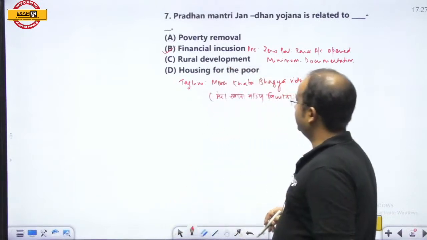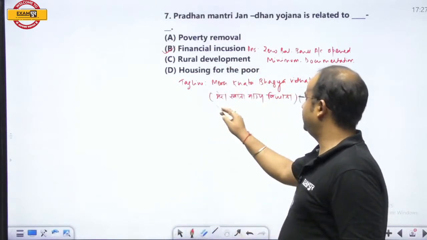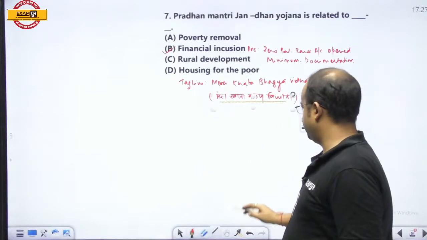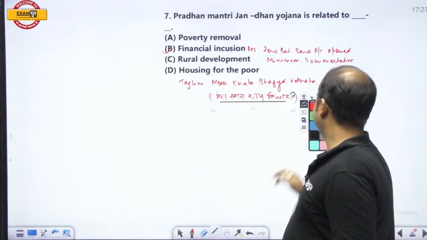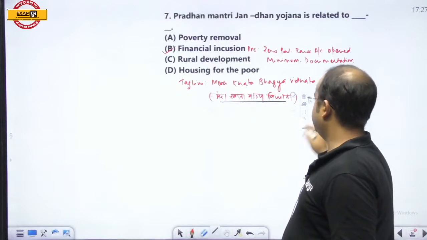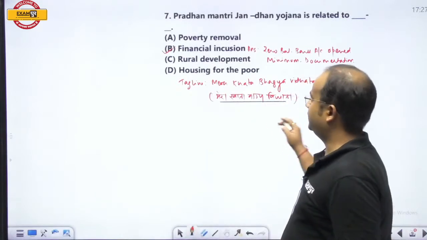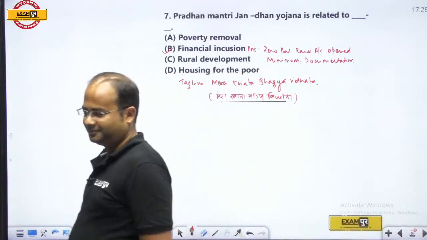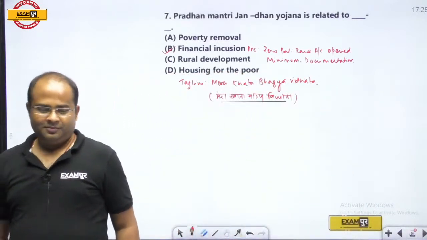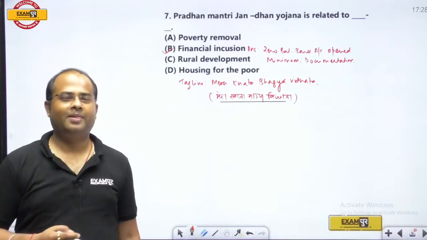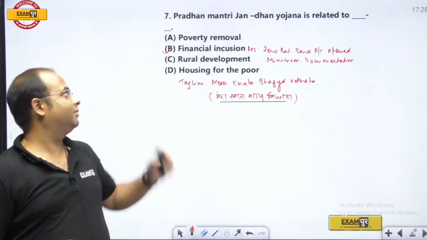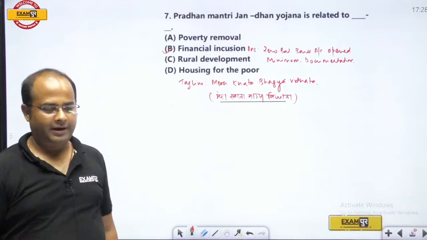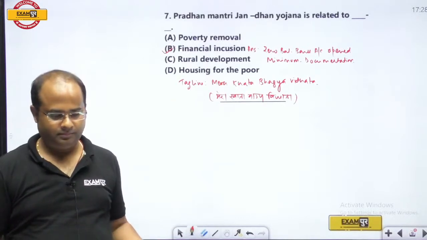So that was the tagline in Hindi, which I have written, and this was the tagline in English. Mera Khata Bhagya Vidhata. That was the tagline of this program. So the correct answer will be, guys, financial inclusion.